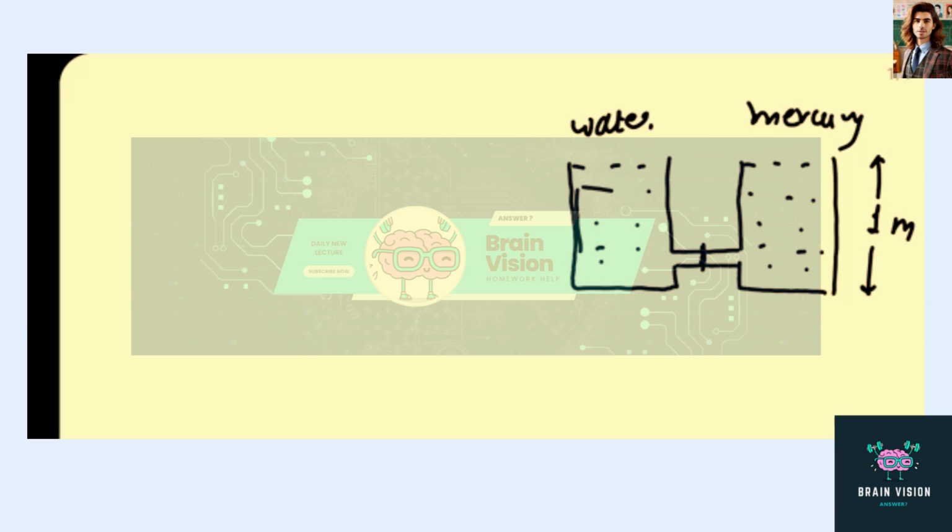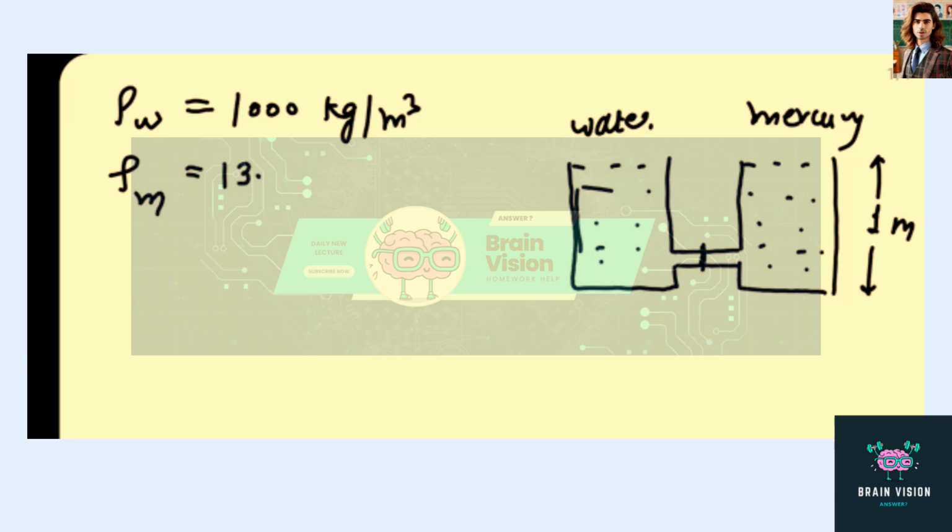The density of water is 1000 kg per meter cube and the density of mercury is 13.6 into 10 raised to power 3.